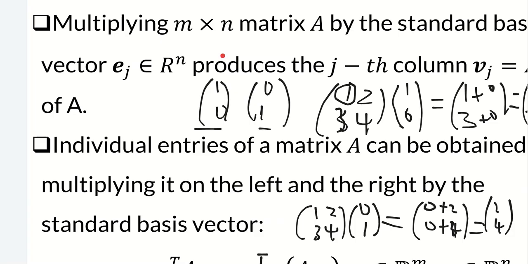Then what do we do? We transpose the first one. If you transpose the first one, we end up getting 1, 0. We need to transpose it so that the dimensions work. So this will multiply this, which is 2, and the other one becomes 0, so 2. So here, I was picking the 2 out.